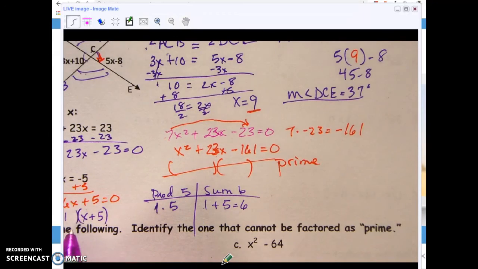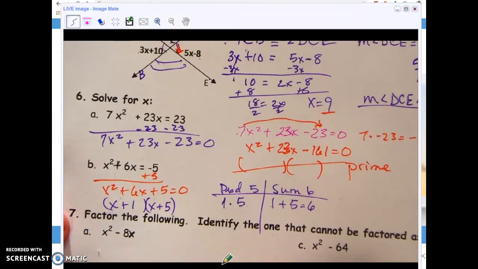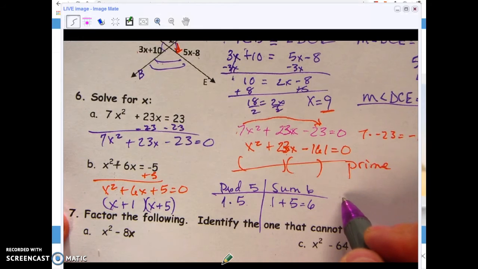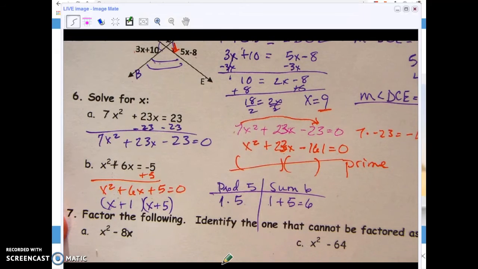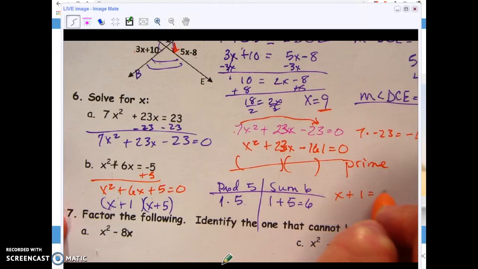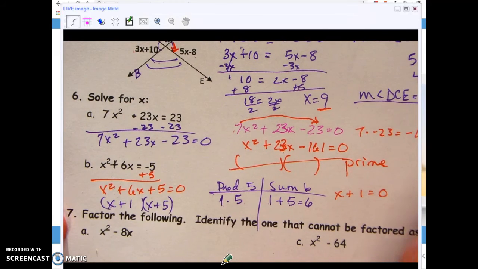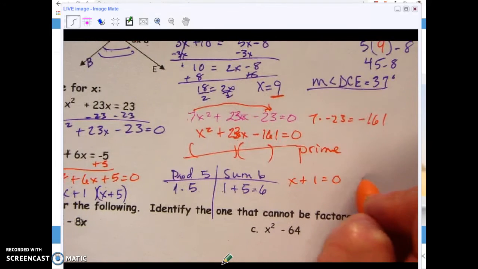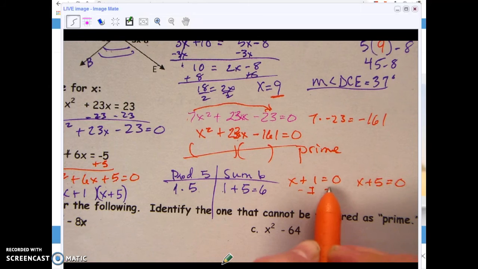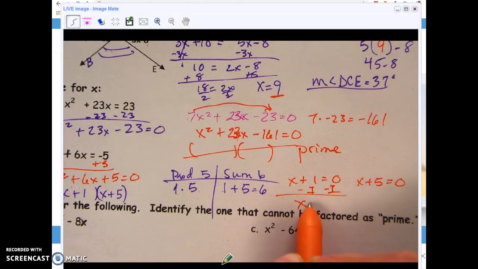Okay, so I factored it, but it says solve. So now I'm going to take my two quantities over here. X plus 1 equals 0, and x plus 5 equals 0. Alright, going back to the first one, I'm solving for x, minus 1 to both sides, and hopefully now you are noticing the answer is always going to be the opposite.